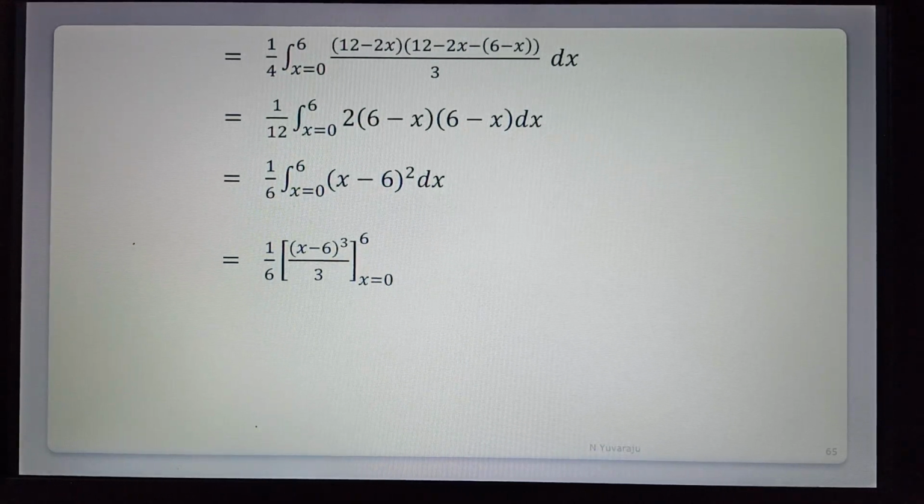So that is 1 by 6 into x minus 6 whole cube by 3, x limit 0 to 6. Substituting the upper limit, 0, minus x equals 0, minus 6 whole cube, that is minus 6 cube by 3.